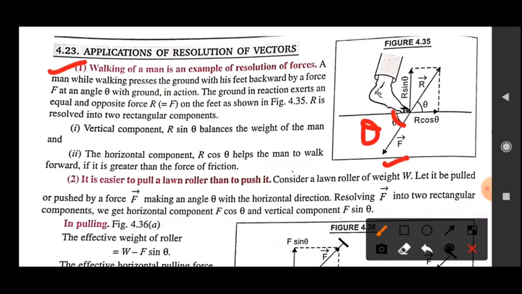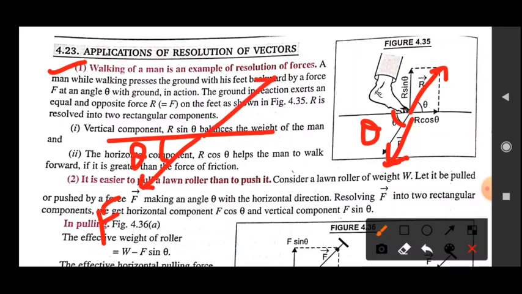You know that whenever we exert a force on the ground, the ground also exerts a reaction force equal in magnitude to F in the opposite direction. So this is R, and this is F. If this is our F applied by our feet at angle theta, then this is the reaction due to the ground, just opposite.